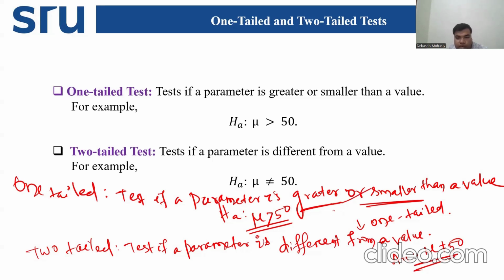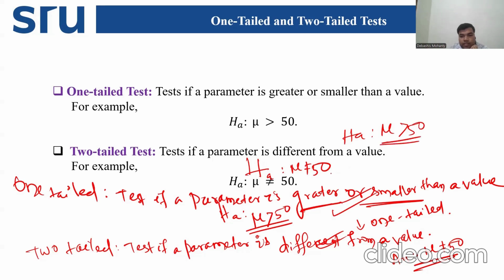Here it is not just greater or smaller, it is different from a value, meaning not equal to that specific value. Here HA such that mu is greater than 50 is one-tail. Those are the basic differences: either it is a one-tail test or a two-tail test.